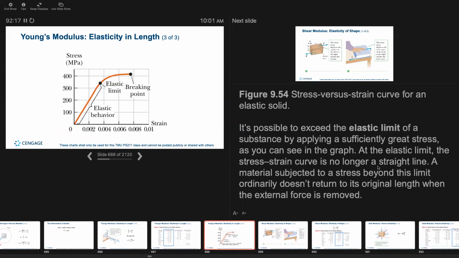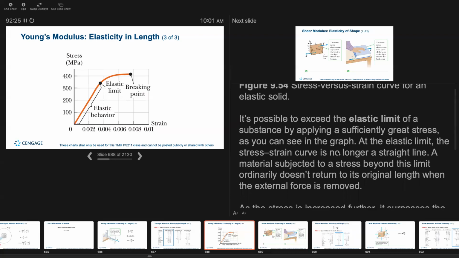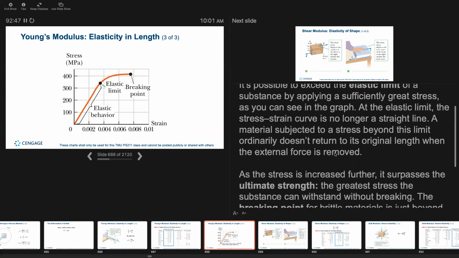Here in the figure, we are looking at the stress versus strain curve for an elastic solid. It's possible to exceed the elastic limit of a substance by applying a sufficiently great stress, as you can see in the graph. At the elastic limit, the stress-strain curve is no longer a straight line. A material subjected to a stress beyond this limit ordinarily doesn't return to its original length when the external force is removed.